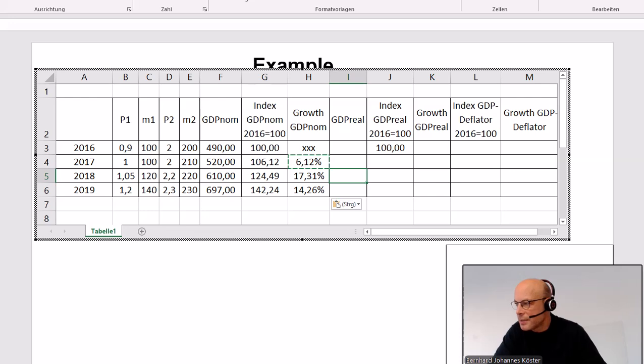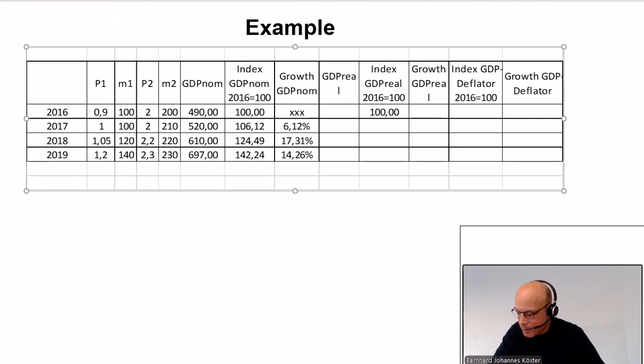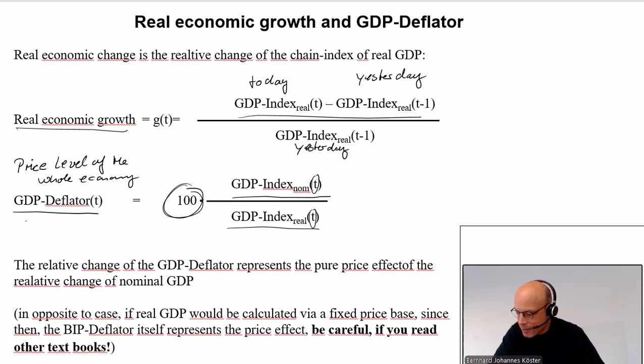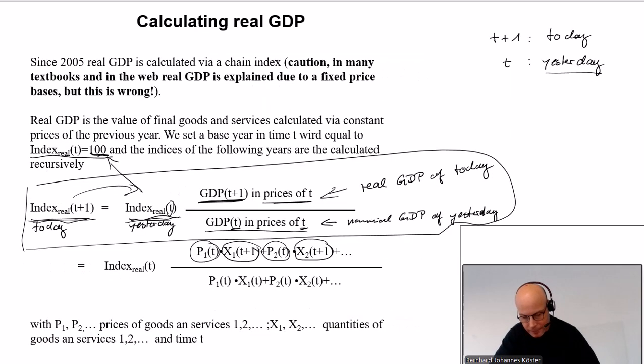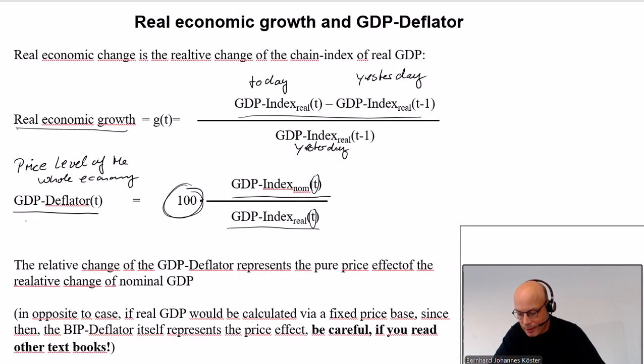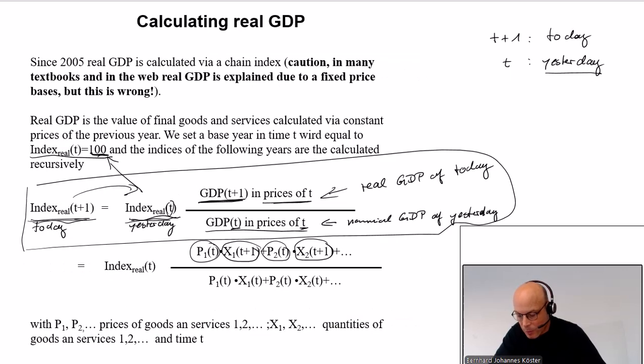So now comes the interesting part, real GDP. And for this, let's recapitulate the definition from just 10 minutes ago. The definition was, we take the quantities in the period times the prices of the former period.